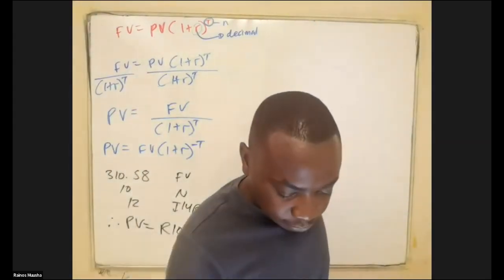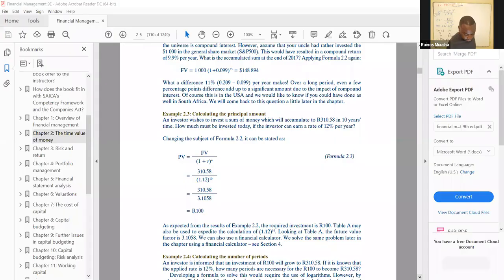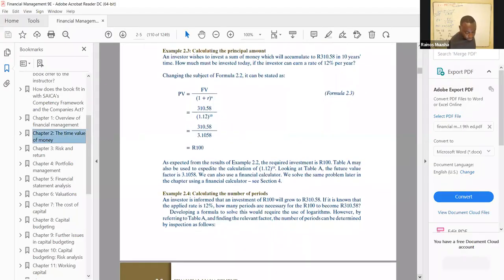Looking at example 2.4, they give us that information. They look at calculating the number of periods. Can you quickly read through the example?